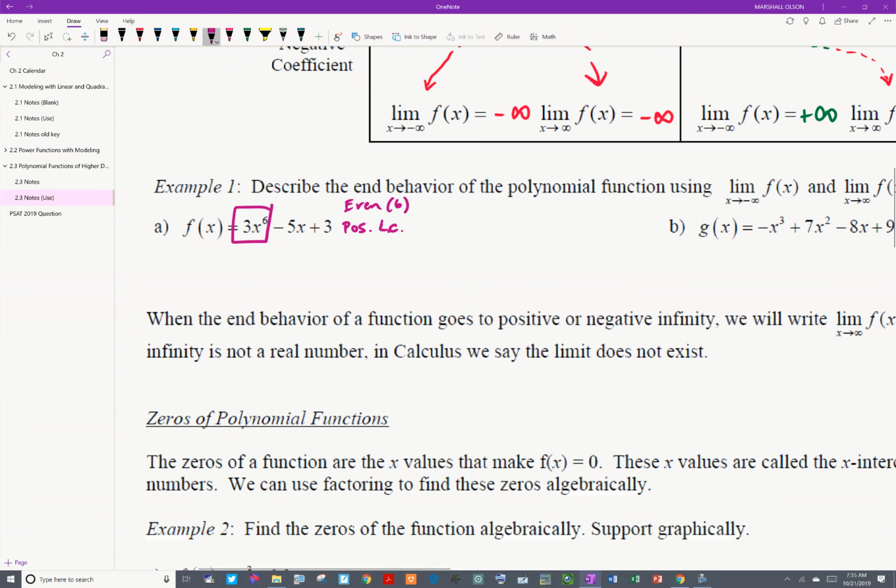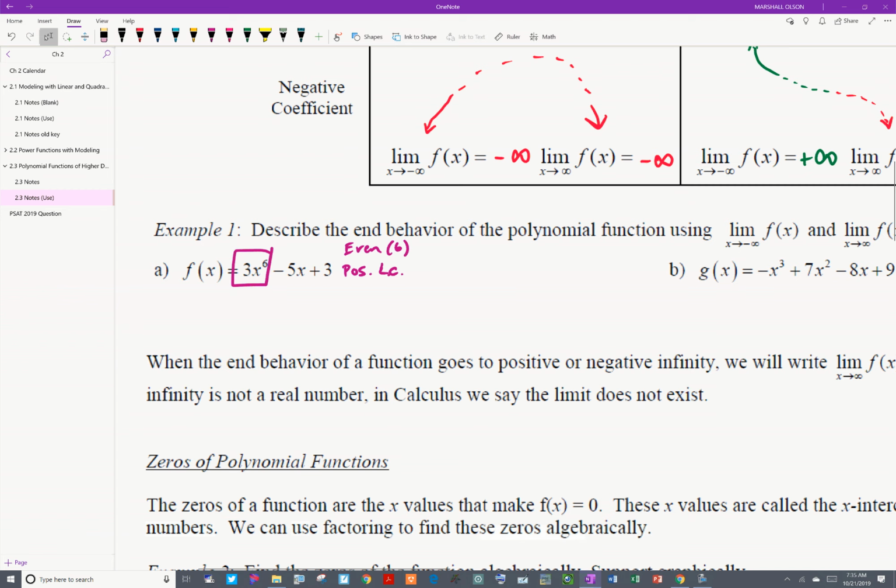Let's put LC for leading coefficient. That's the 3 that's right there. So since it's even and since it's positive, we know that this is going to do something like this. We don't know what it does in the middle. We really don't care because we're just talking about the end behavior. So we're going to write this like this.